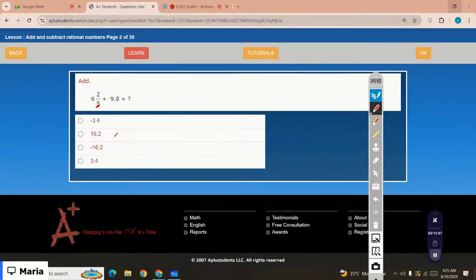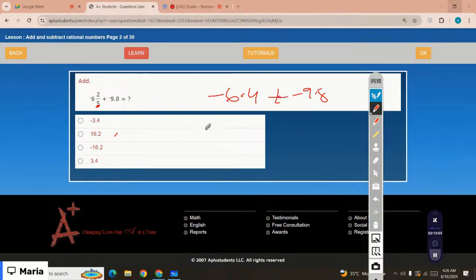So write this 2 by 5 in the decimal form also. You always add the numbers that are the same. So 2 by 5 is 0.4, that is negative 6.4 plus negative 9.8.